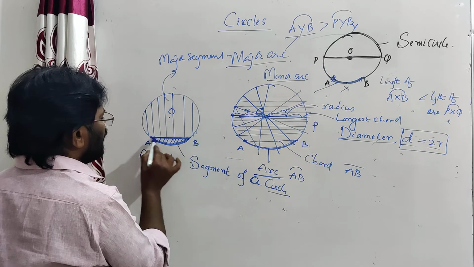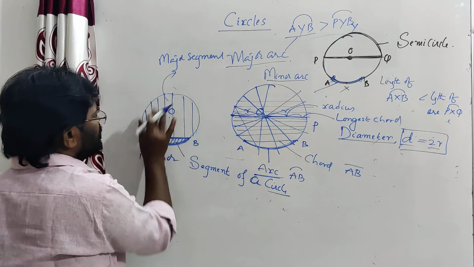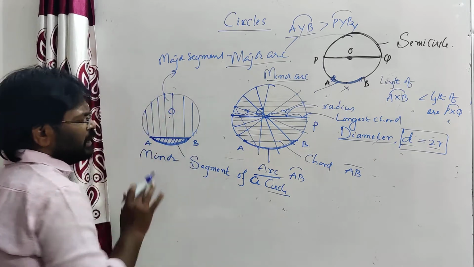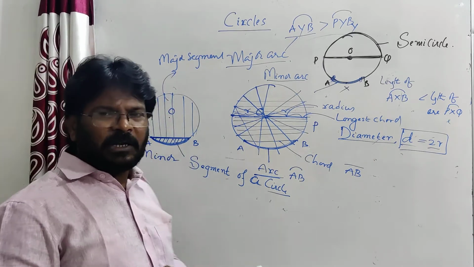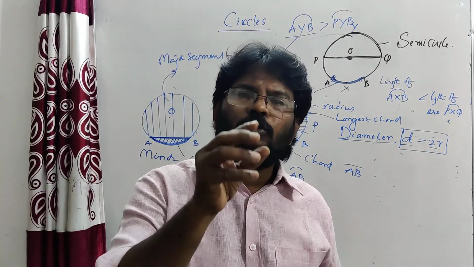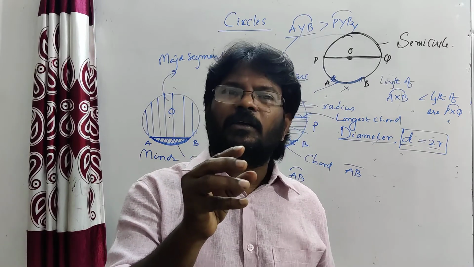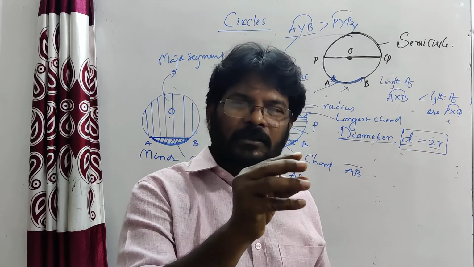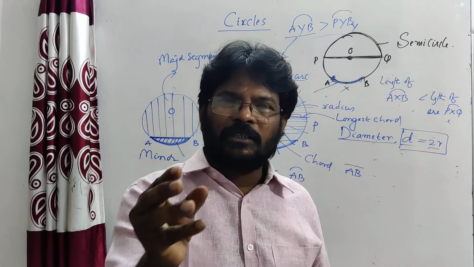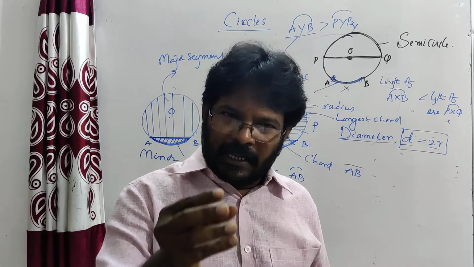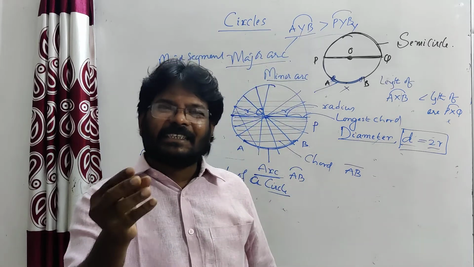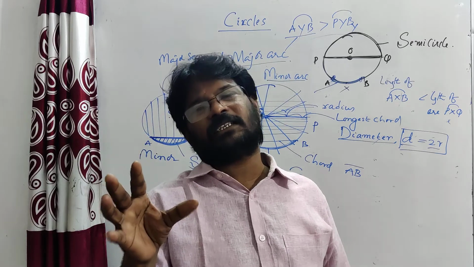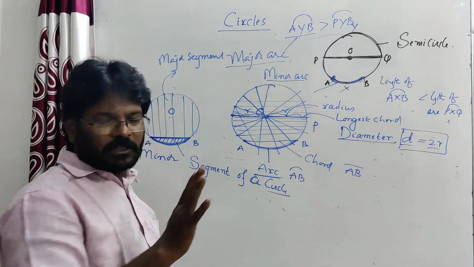This arc and this chord: this is the region bounded by this major arc and the chord. So this is called major segment. A segment whose arc is less than half of the circle is known as minor segment. If the length of the arc of a segment is greater than half of the circle, that is called major segment. Clear? These are the parts.